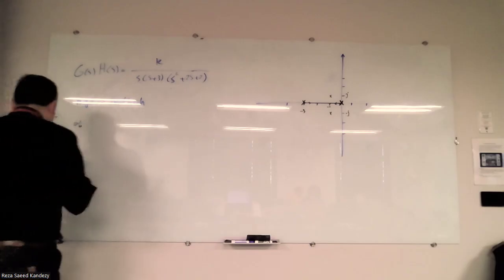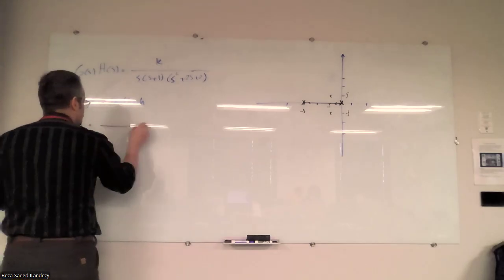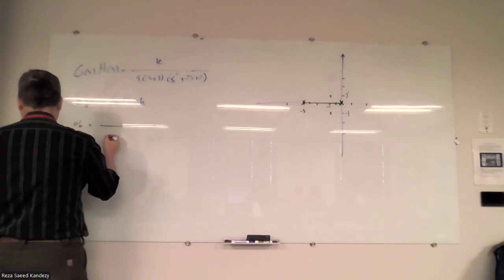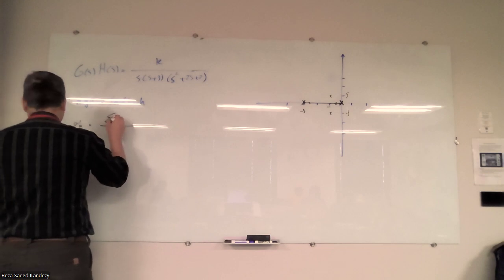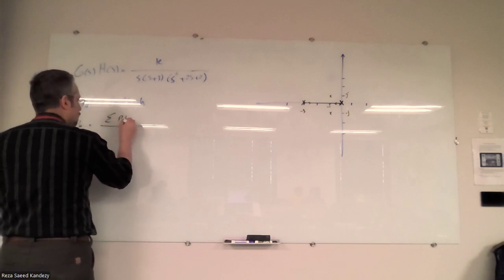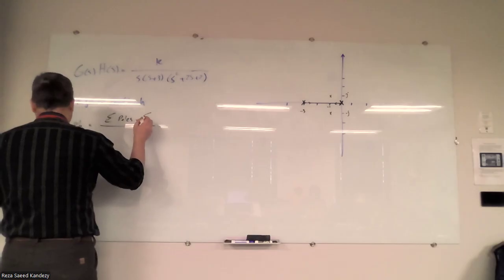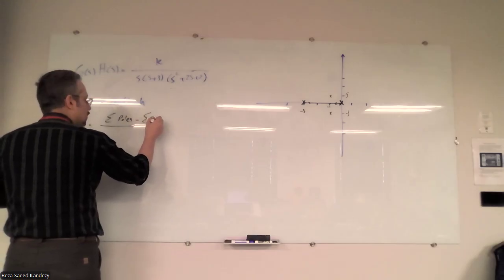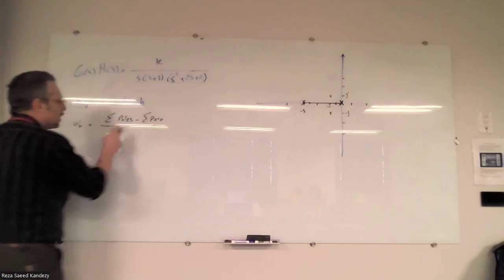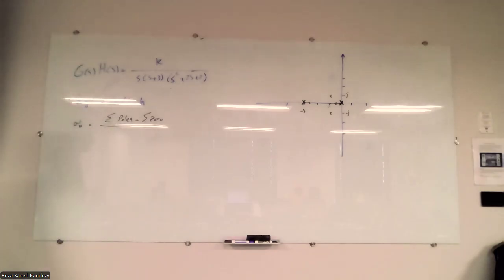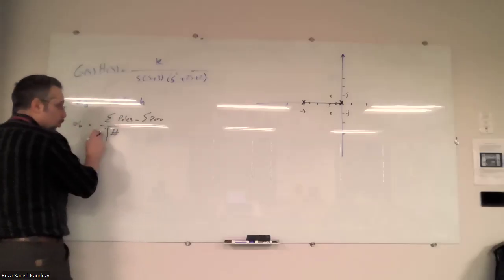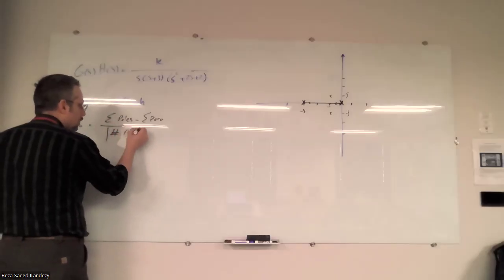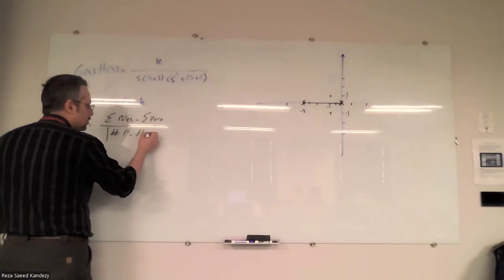And the formula was the sigma of the poles minus sigma of zeros divided by the number of the poles minus the number of the zeros, absolute number, okay?